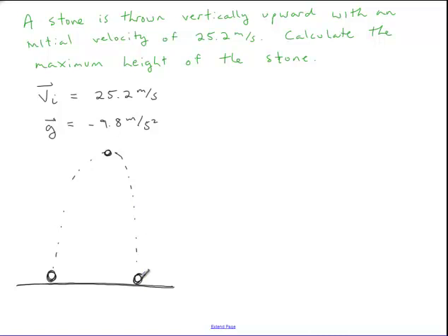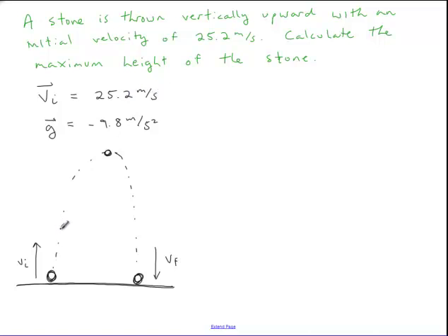So what do we know? If we look at this, there is an initial velocity, 25.2, and then when it comes back down, this is actually a little side note, it'll hit the ground at the same speed that it left at, just in the opposite direction. We don't need that for this question, but velocity final would be negative 25.2 meters per second.